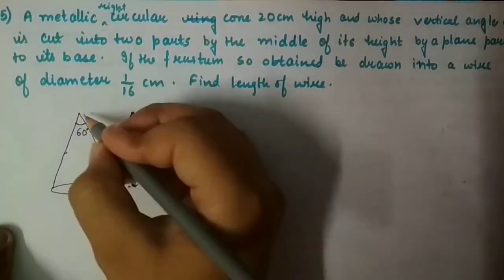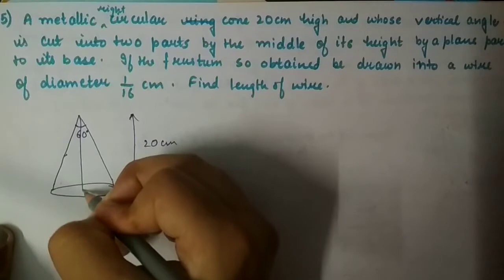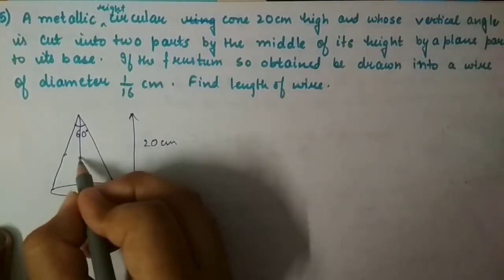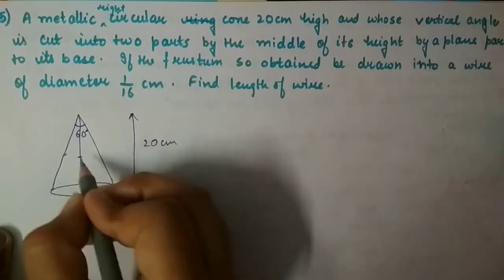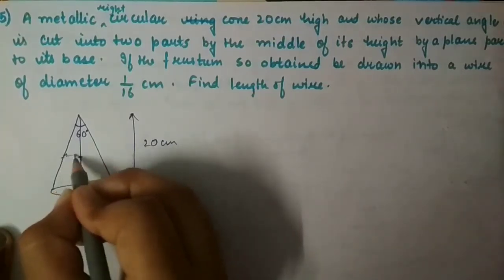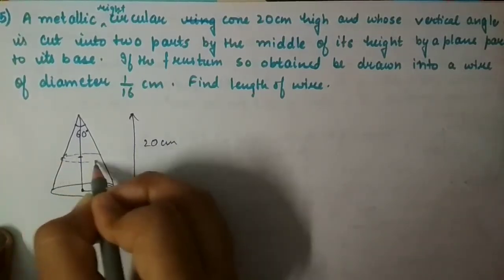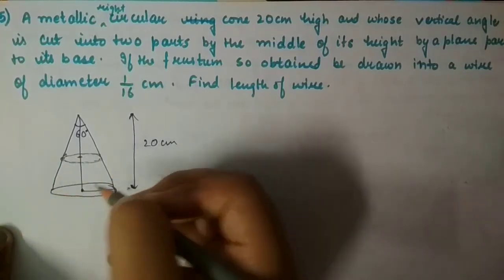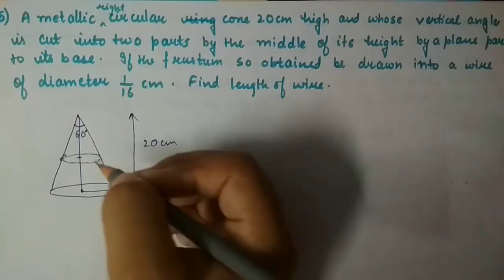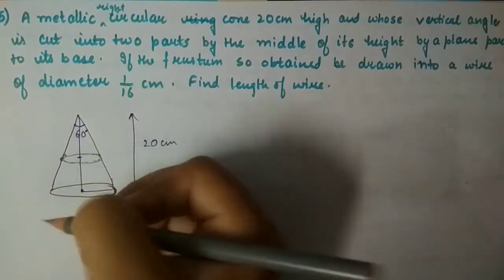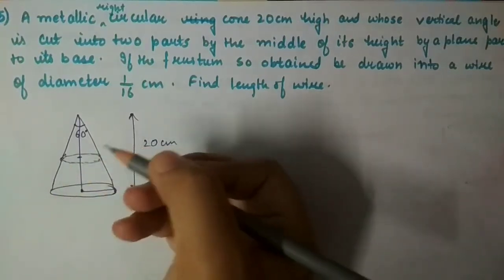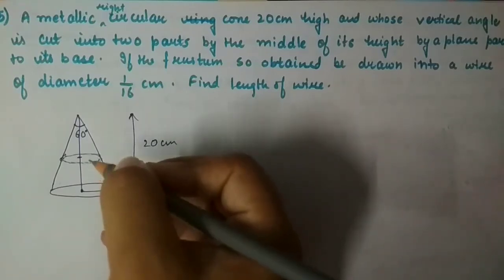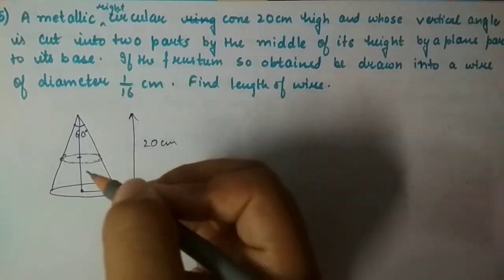It means if this is the height of the cone h, then from the middle of this height, at this point it is cut by a plane that is parallel to its base, forming a frustum. So this frustum is melted and drawn into a wire, and we have to find out the length of the wire.